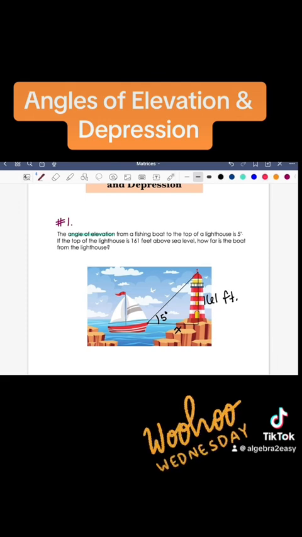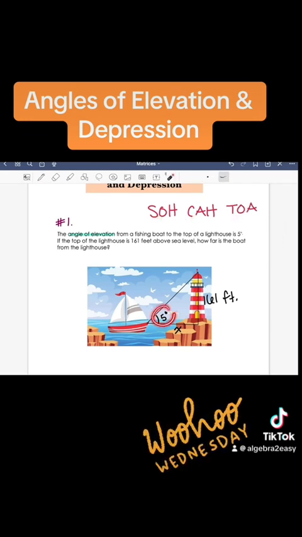So we're going to remember what we talked about yesterday. SOHCAHTOA. Sine, cosine, tangent. So if you are this angle and you have the side length opposite to you, and you're looking for the side length adjacent to you, so we want opposite and adjacent, well, that's going to be a tangent function right there.